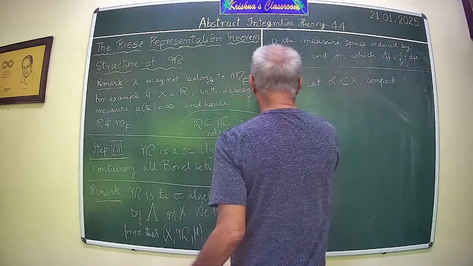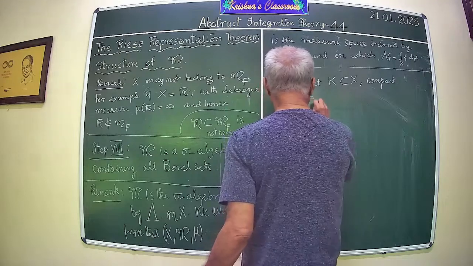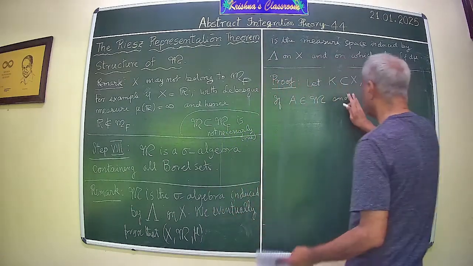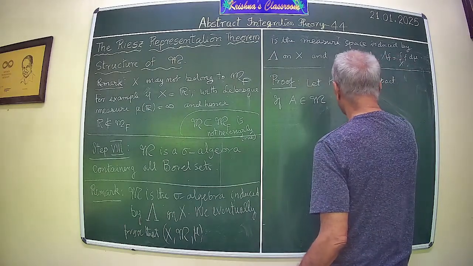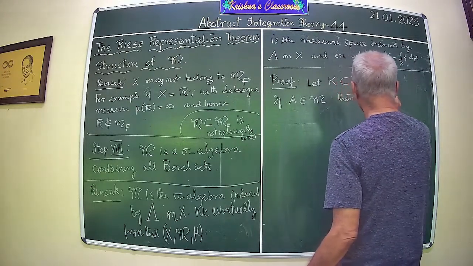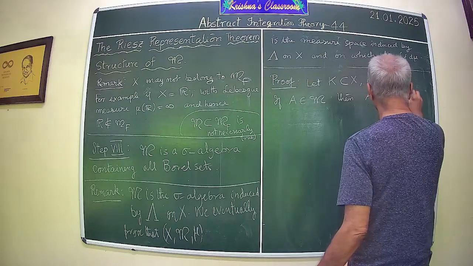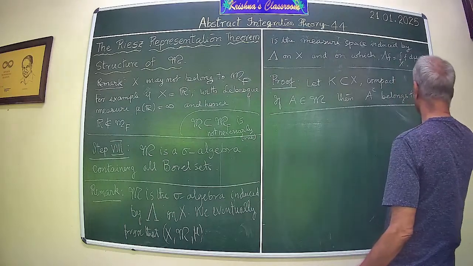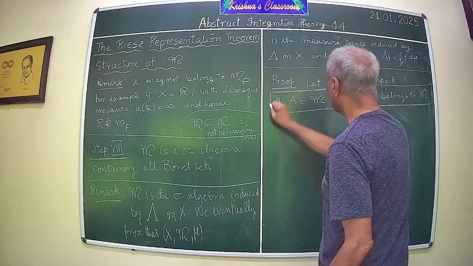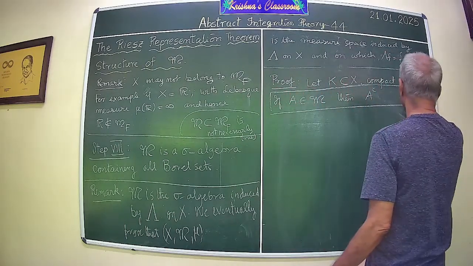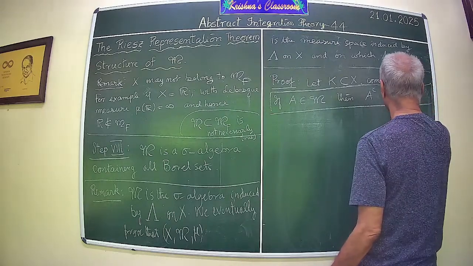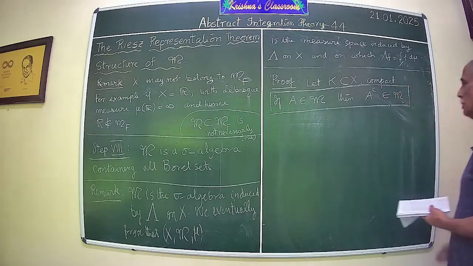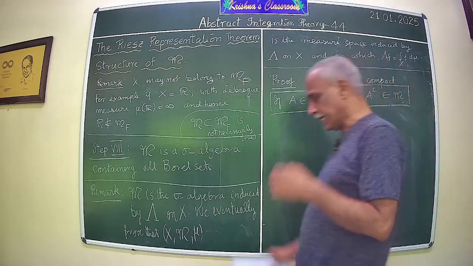If A belongs to M, then A complement belongs to M. So this is what we want: A belongs to M implies A complement belongs to M.